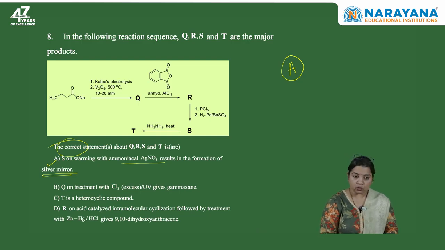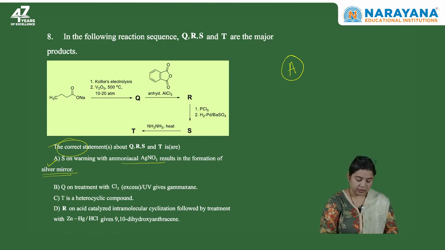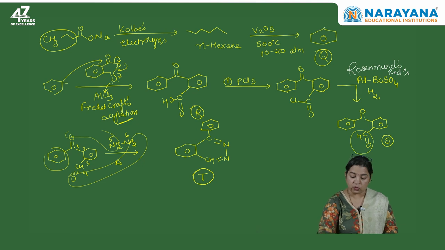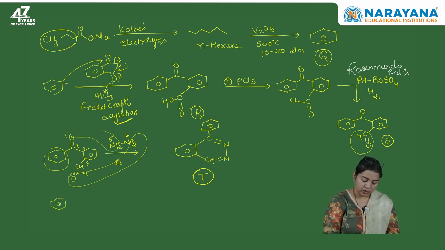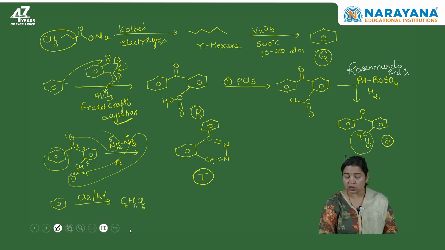Okay, moving to B. Q, on treatment with excess chlorine in the presence of ultraviolet light, gives gammexane. Let us check what was Q. Q is benzene, and true, very true. Benzene, on treating with excess of chlorine under UV light, forms C6H6Cl6, which has 9 different isomers.